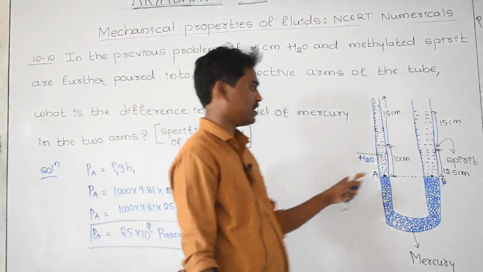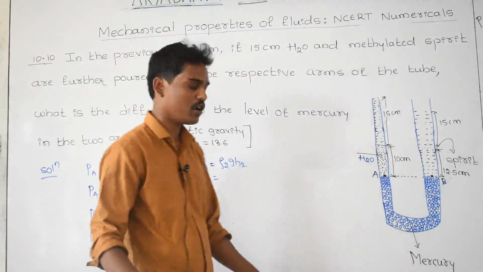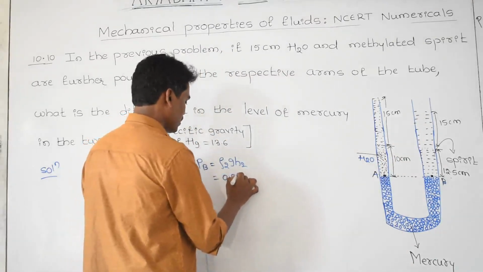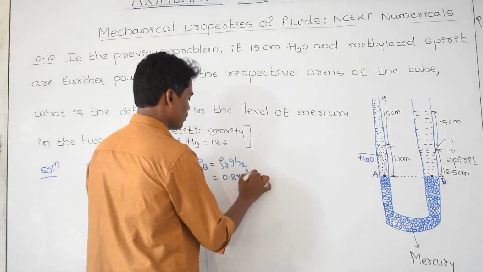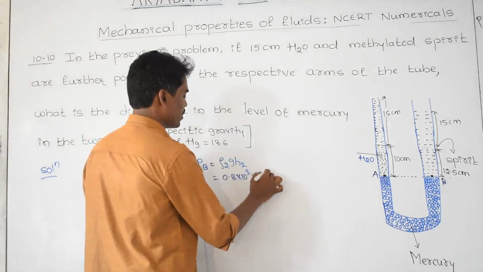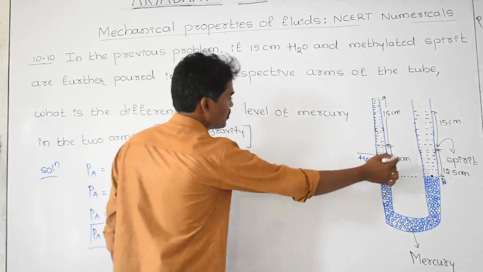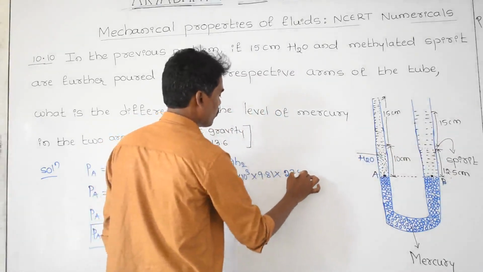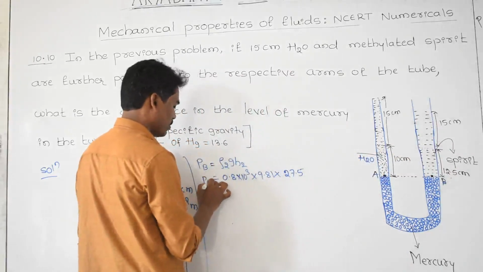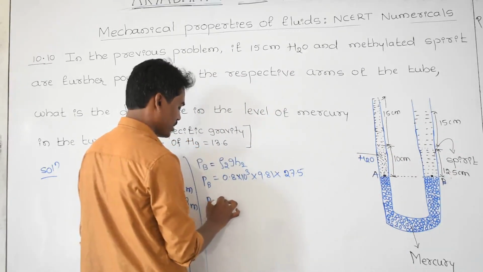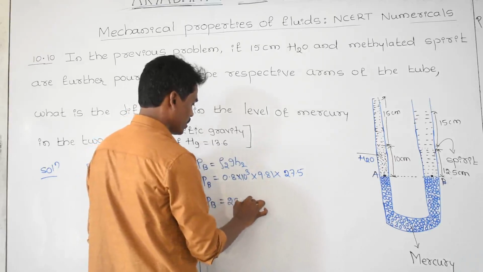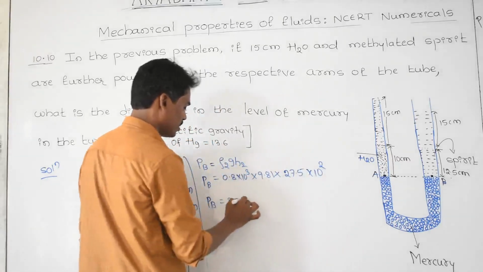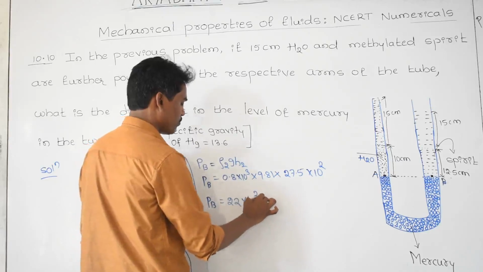Rho 2 is the density of the spirit, which you already calculated in the previous problem, that is 0.8 into 10 to the power of 3, into g is 9.81, and into h2 is 12.5 plus 15, that is 27.5. After calculating, Pb becomes 22 into 10 to the power of 2 Pascal, taking it in terms of meter.